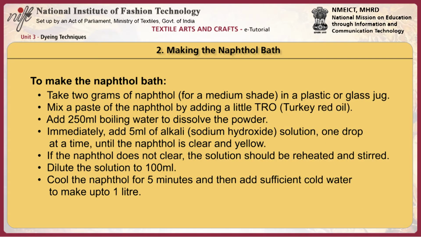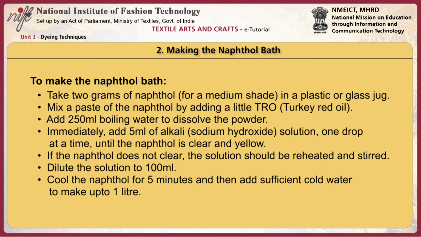To make the naphthol bath, take 2 grams of naphthol in a plastic or glass jug. Mix a paste of the naphthol by adding a little TRO. Add 250 ml of boiling water to dissolve the powder.